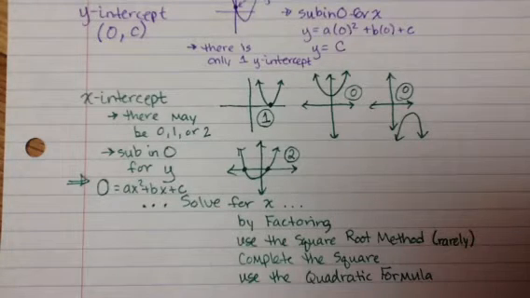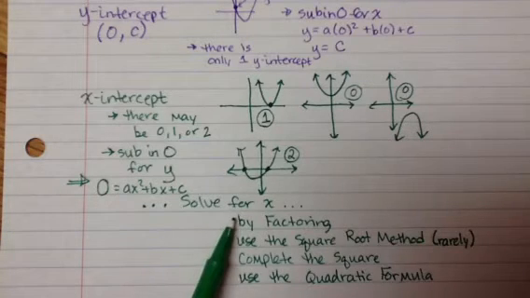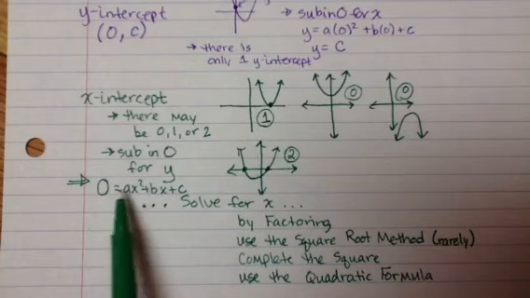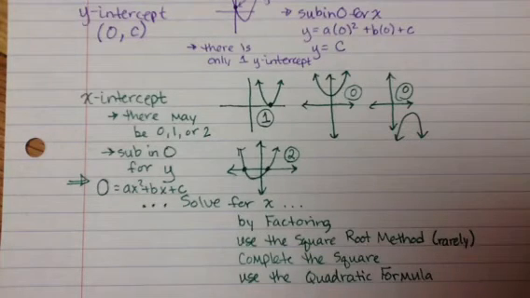Now, of these four methods, completing the square and quadratic formula will always work for you. Factoring will work sometimes. So my suggestion is if you look at that equation and it's easy to factor, you can factor it without too much work, then go ahead and do that. If you can't, then you might think about completing the square or the quadratic formula, whichever one works better for you.